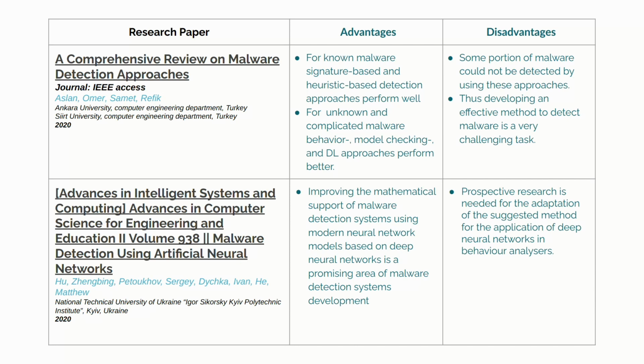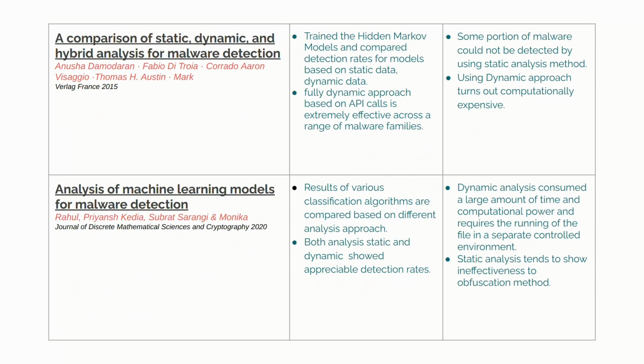Now I'll move to the next research paper, which is titled A Comparison of Static, Dynamic, and Hybrid Analysis for Malware Detection. The authors trained hidden Markov models and compared the detection rates for models based on static and dynamic data.